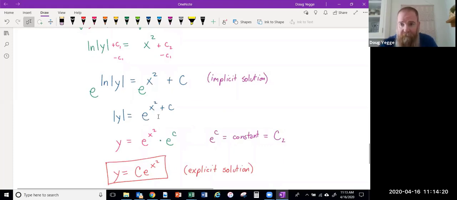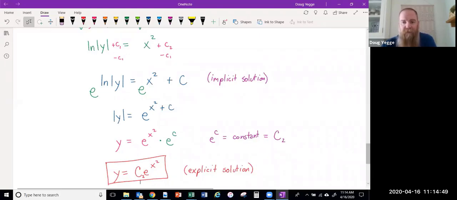With this clever little trick, when you see e to the x squared plus c, we wrote that as e to the x squared times e to the c, which was just some other constant. Oh, by the way, I screwed up here because this should have been e to the x squared times c2. So c2 is what I should be writing right here. But remember, C2, C, it's all some constant.